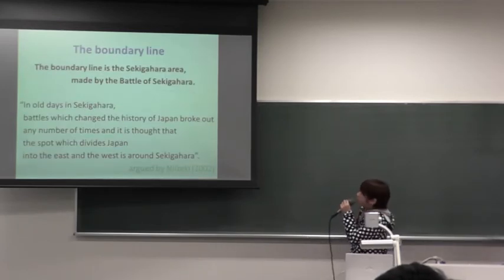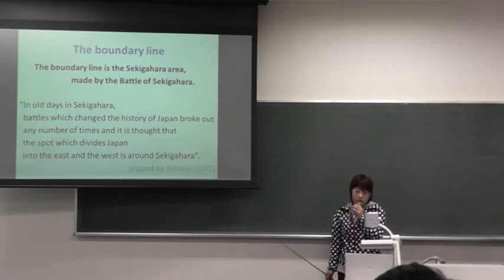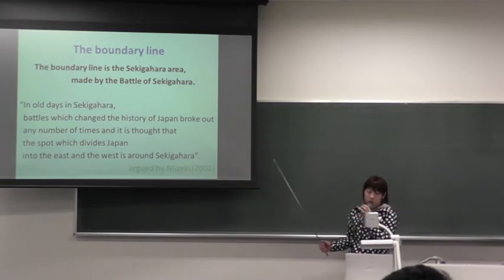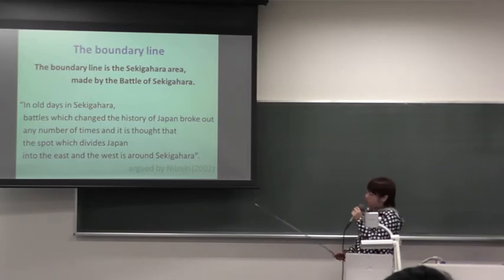Finally, I state that the boundary line between Eastern Japan and Western Japan is the Sekigahara area. The difference in the shape of rice cake was made by the Battle of Sekigahara.